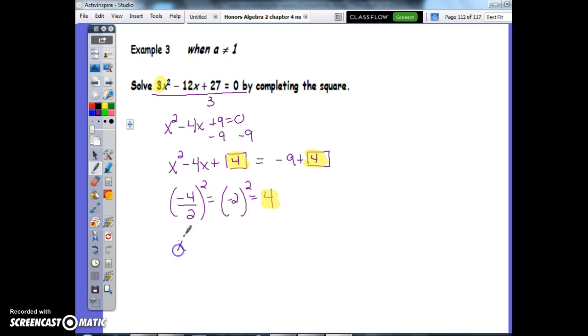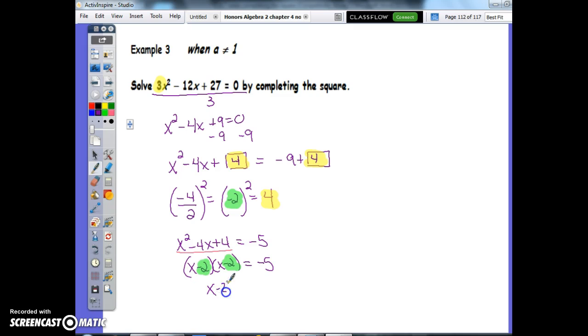Now you have x squared minus 4x plus 4 equals negative 5. Perfect trinomial square, and we can factor it. X minus 2 times x minus 2 equals negative 5. By the way, I don't know if you noticed this, but this piece will always be your factors. Always, always, always.